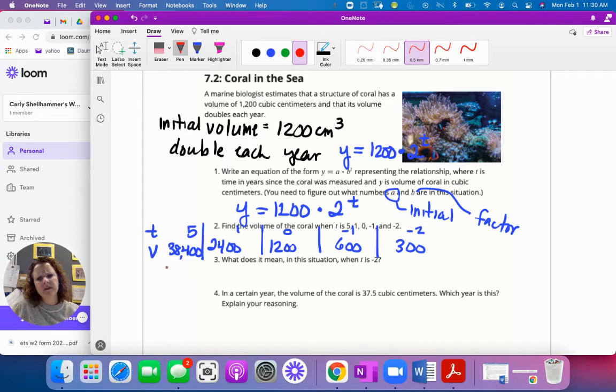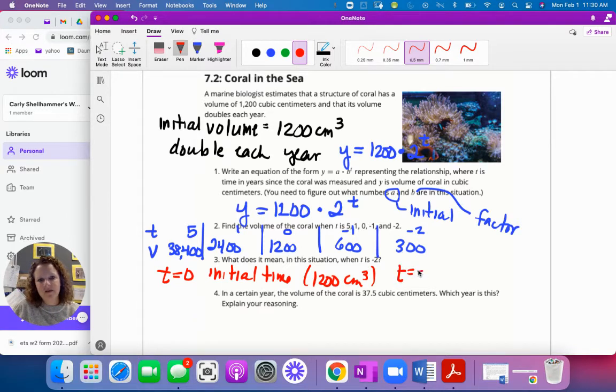Okay, well, t equals 0 is your initial time, when we're at 1200 centimeters cubed. So time equals negative 2, you're going backwards, 2 years.